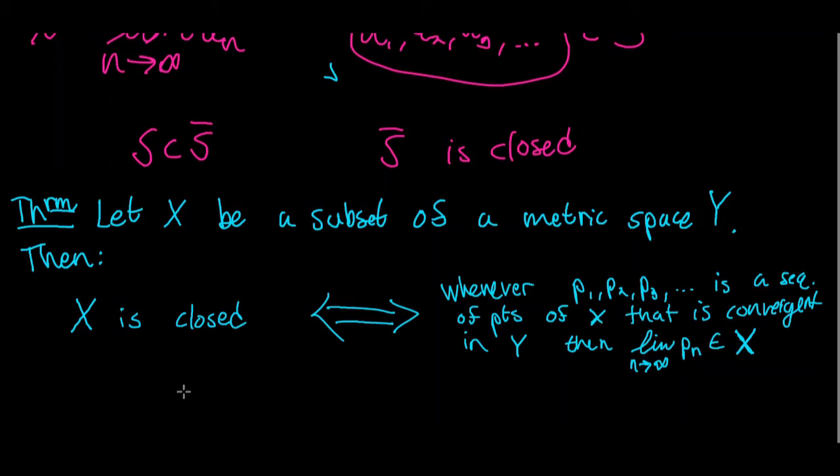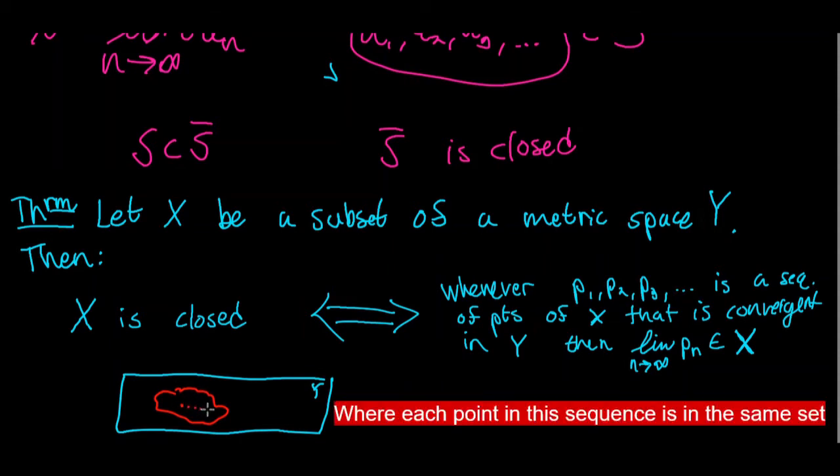So what this is saying is, if I have a metric space Y here, and maybe I have my set X here, then this is dealing with the following issue. Sometimes I could have a sequence of points that converge, but the limit of that sequence is a point outside of the set.